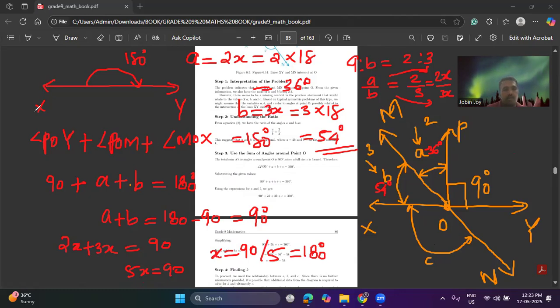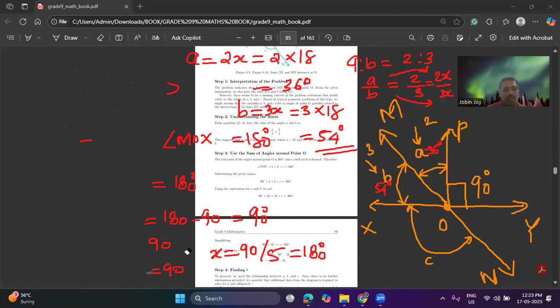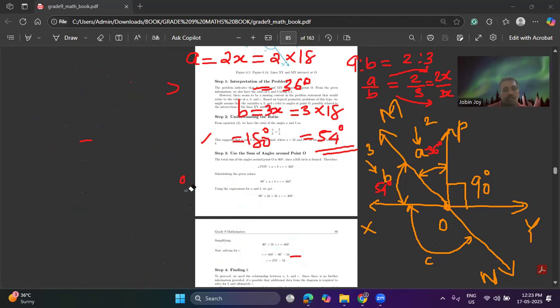Okay, so I am clearing this side. To calculate C, I am taking the line MN. So this is our line MN.